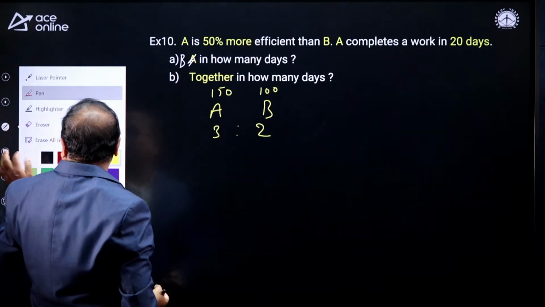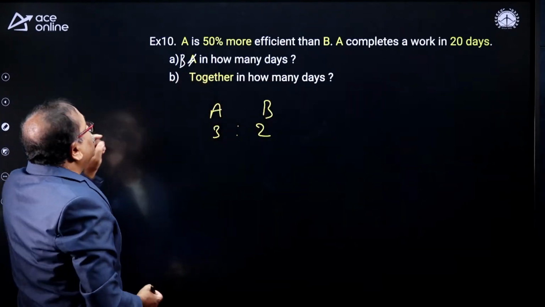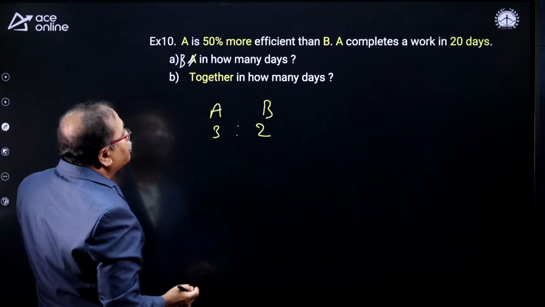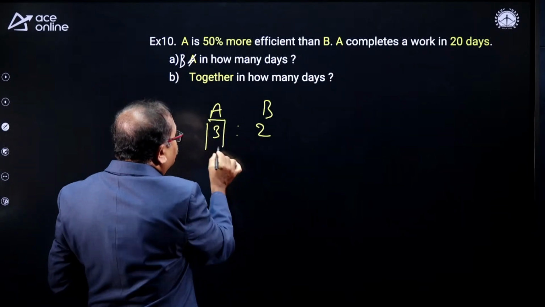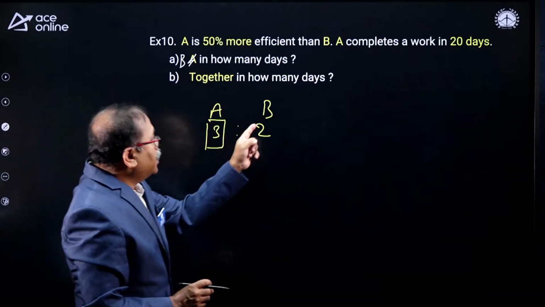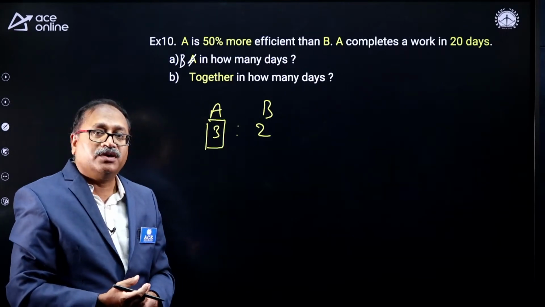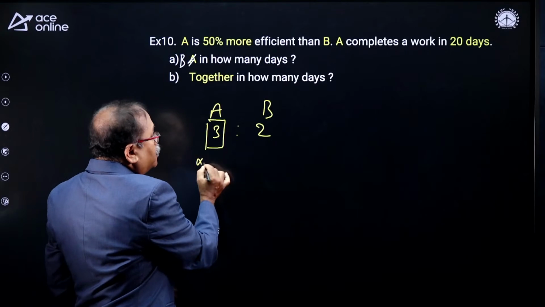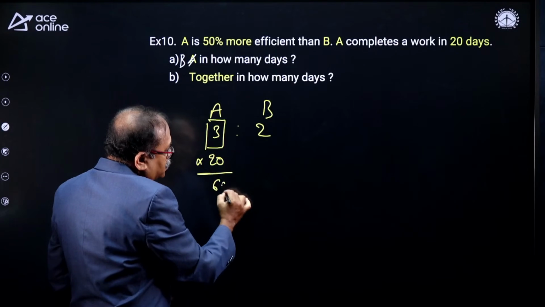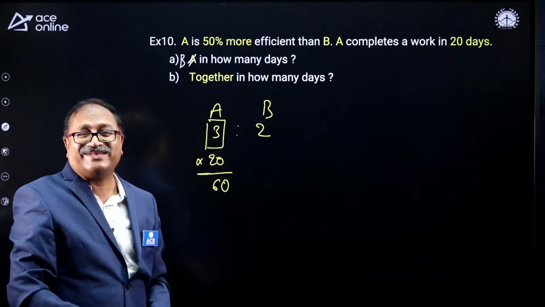Once I notice that the efficiency ratio is 3:2, and we know that A can complete the work in 20 days, and his efficiency is 3, that means per day he completes 3 units, whereas B completes per day 2 units. So from here I can find out the number of units of work. 3 into 20, the total amount of work is 60 units.